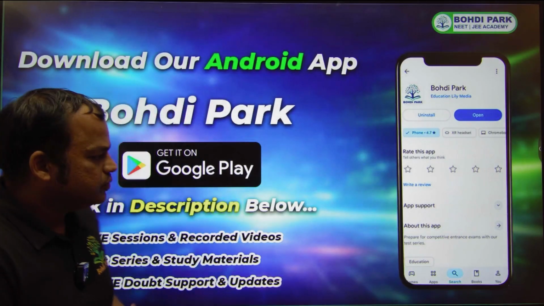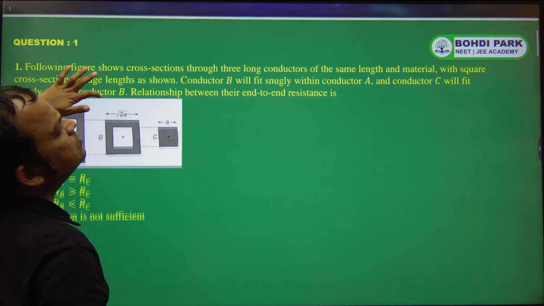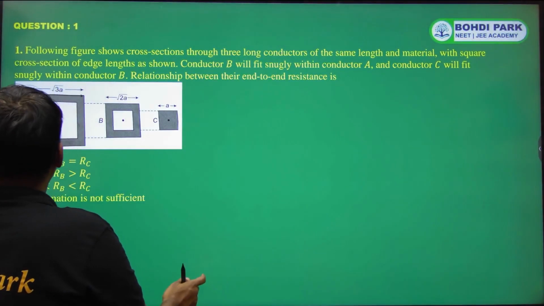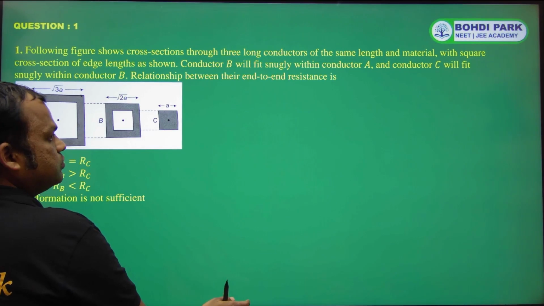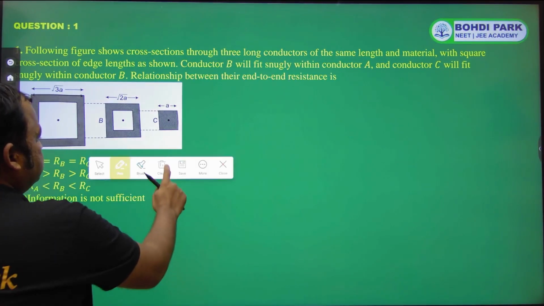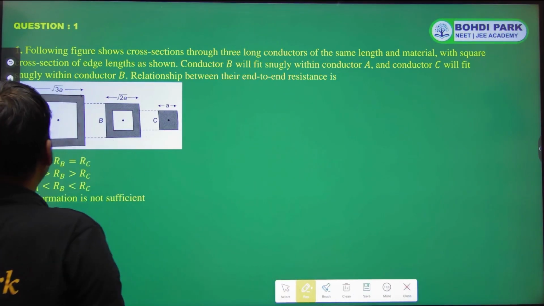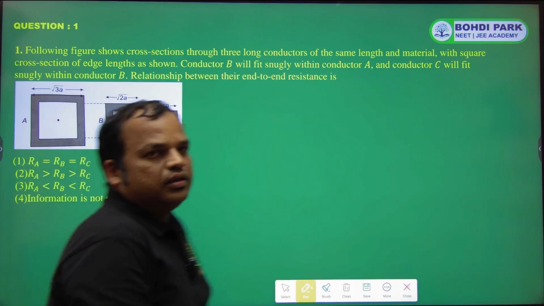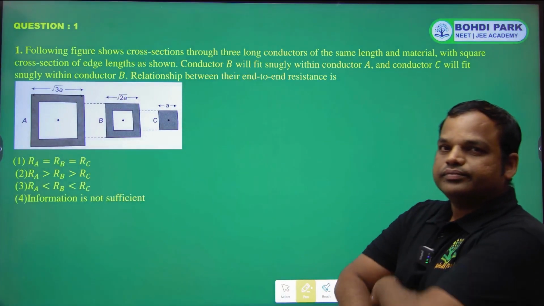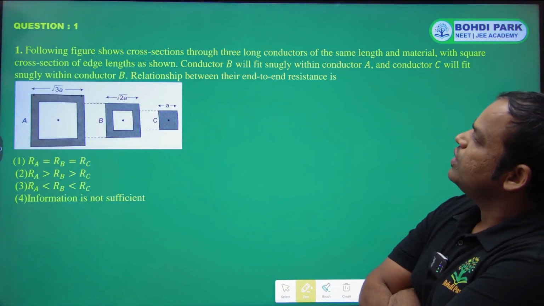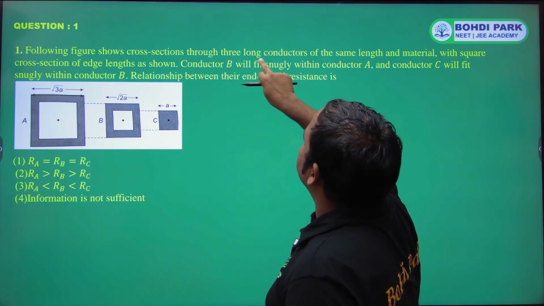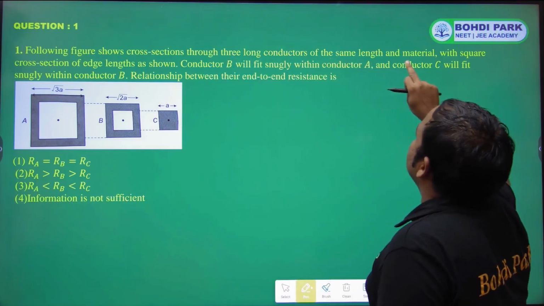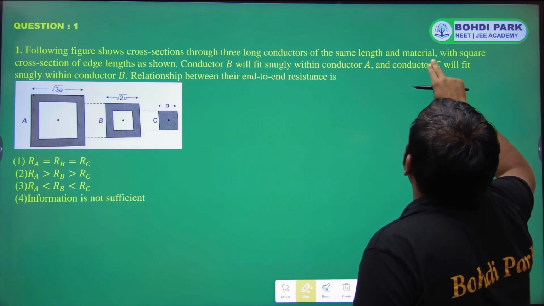So let's start. Look at this first question. The following figure shows cross sections through three long conductors of the same length.